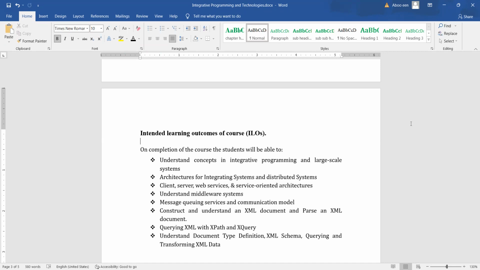And how is this data or information transferred or communicated? How are web contents displayed in the web page, and how are enterprise level applications running? So when we take a large scale system, how are enterprises connected, how do enterprise systems work?